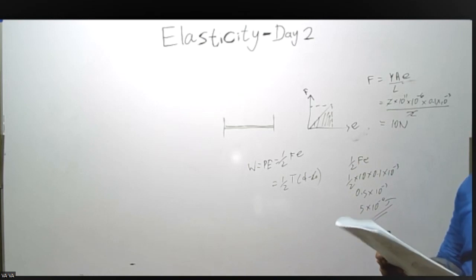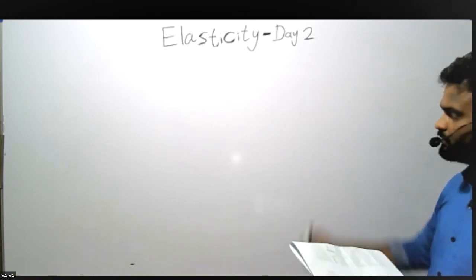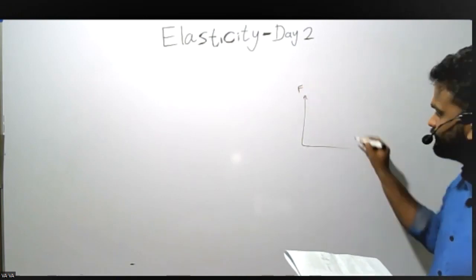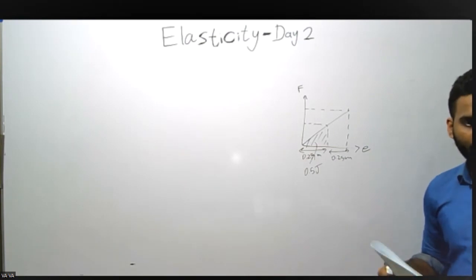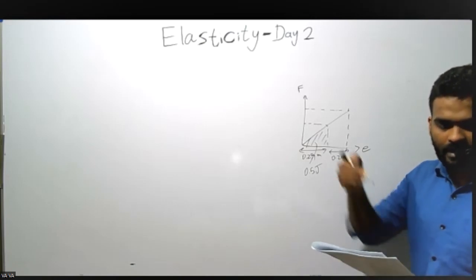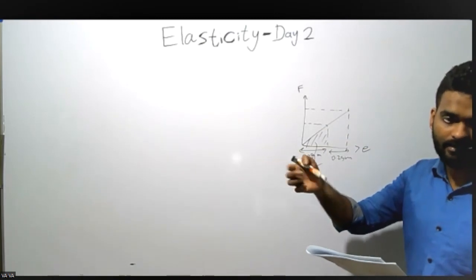Right, then try 43. Whenever you get a question like this, refer to a graph. So from this problem, you should understand that pulling another 0.25 does not mean the same energy, right?